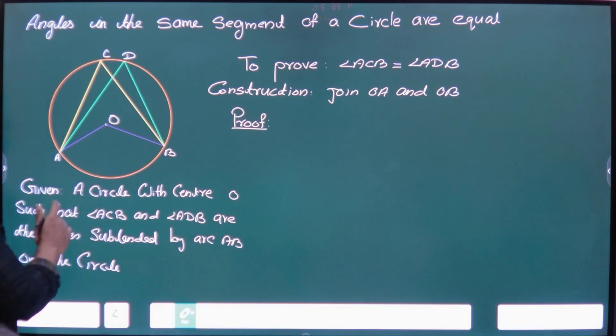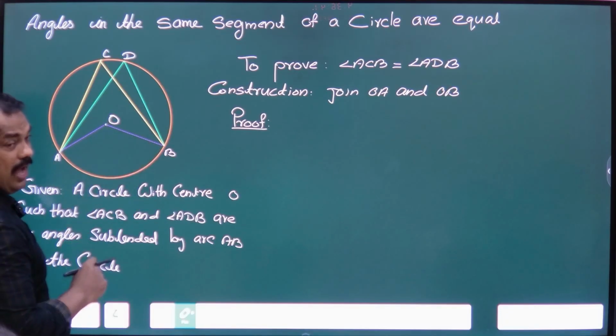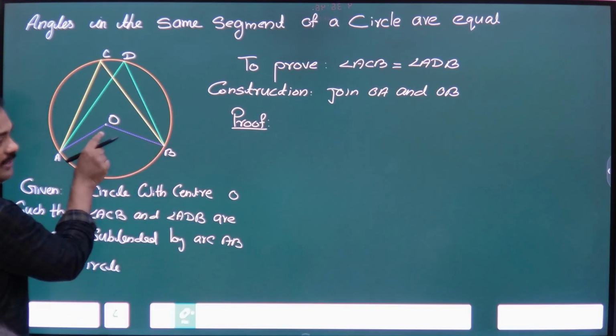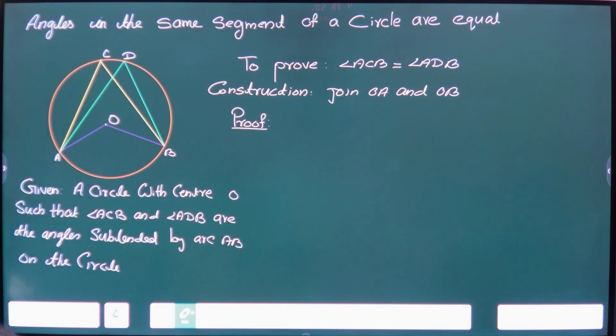First listen. AOB is the angle subtended by arc AB at the center. ACB is the angle subtended by the arc AB on the circle outside the arc. So we can apply the theorem. Which theorem?